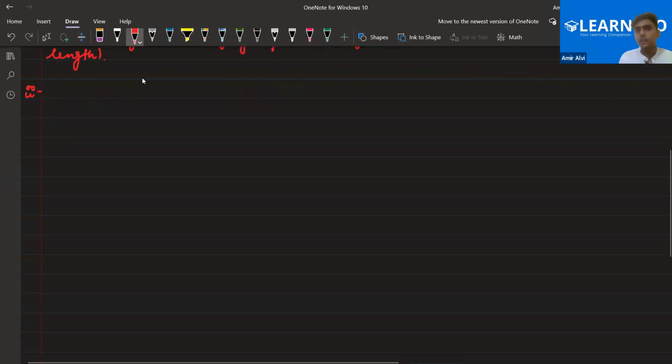Next is the eyeball. Basically the eyeball becomes long. One of the main reasons for the myopic eye is the eyeball. You have a spherical ball, but when the eyeball elongates, it becomes too long, so myopia will occur.